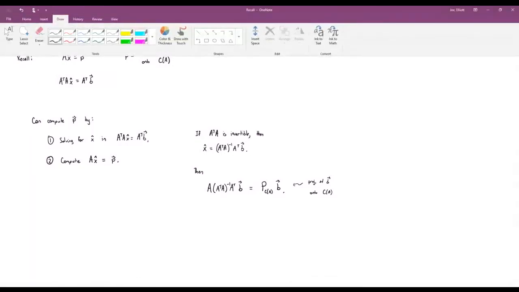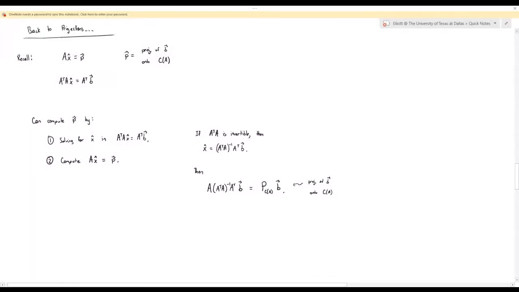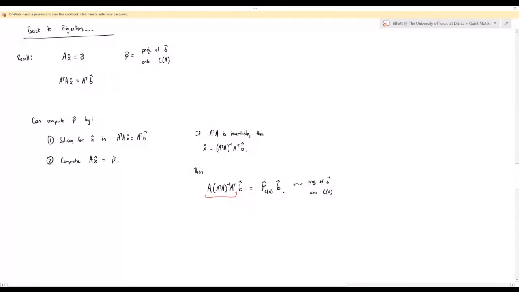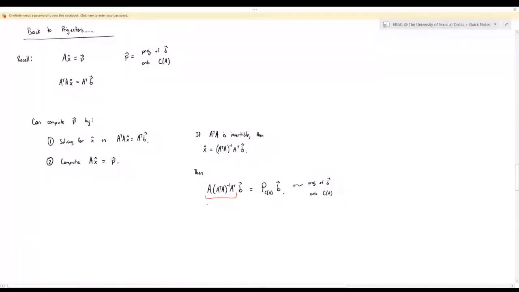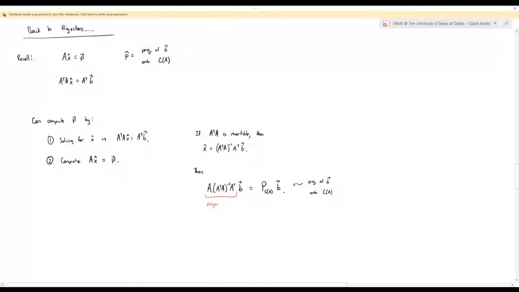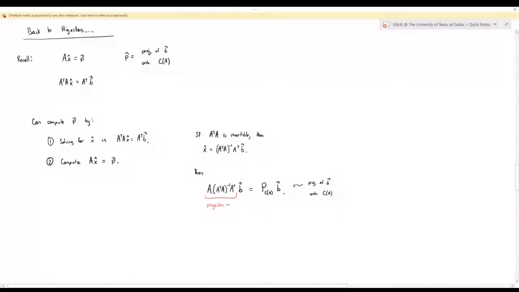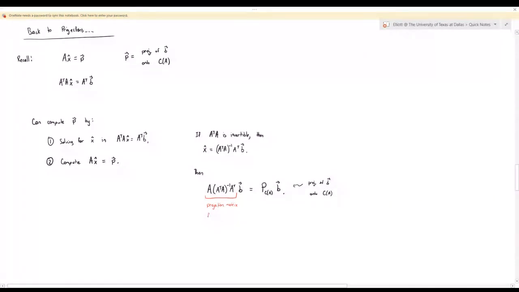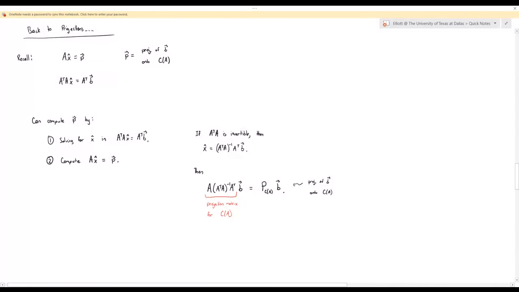Okay, so a couple of things. This product of matrices here, A times A transpose A inverse, and then times A transpose, that product we call the projection matrix, maybe projection matrix for the column space of A, okay?